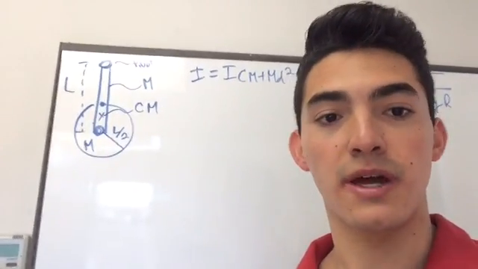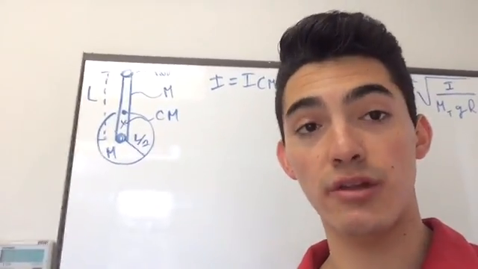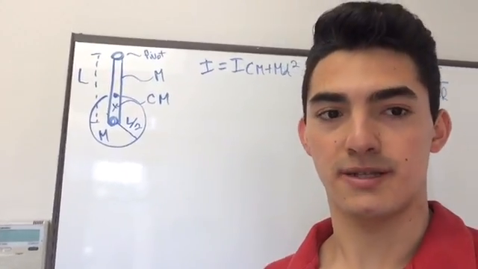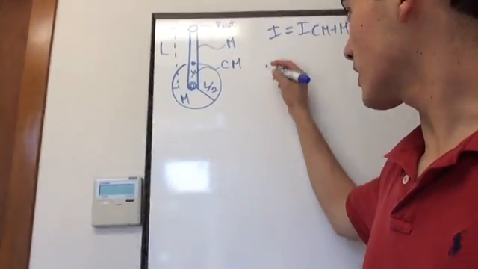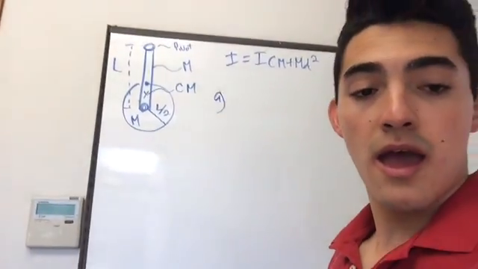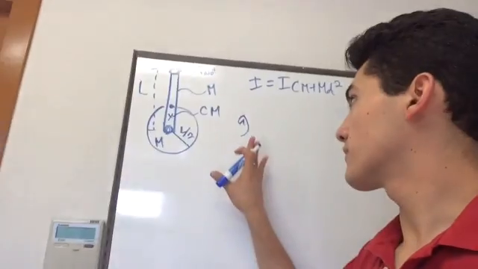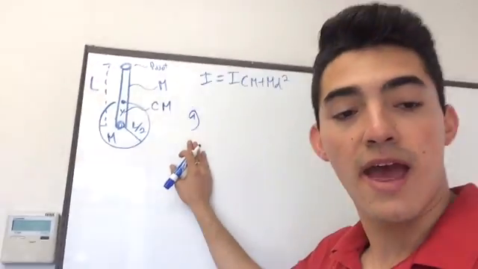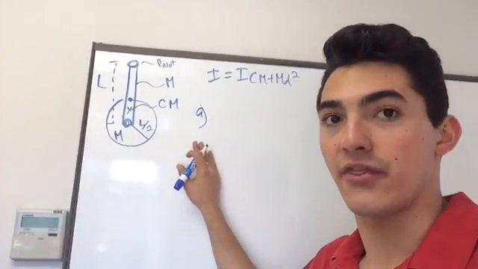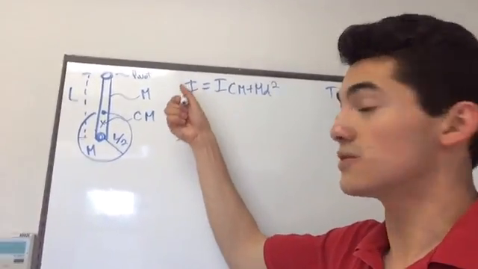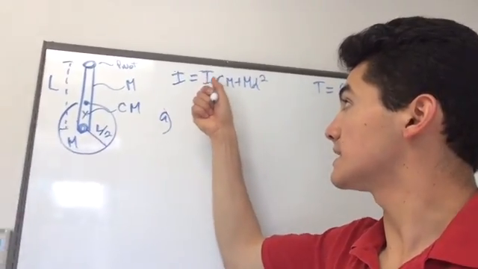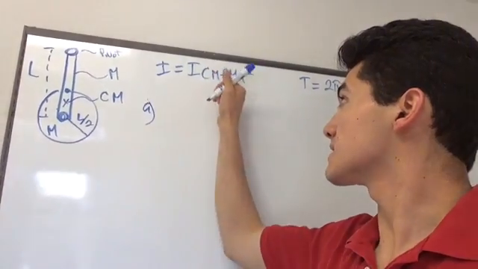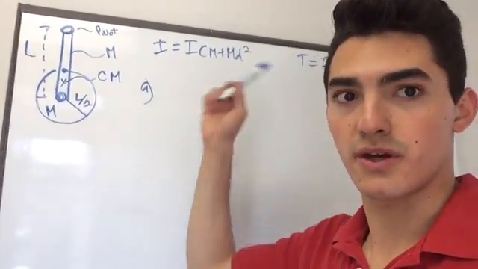First of all, we have to obtain the rotational inertia of the pendulum about its pivot point. So here I'm going to write A. To obtain the rotational inertia, we have to consider the parallel axis theorem, which says that the total inertia is equal to the inertia of the center of mass plus the mass times the distance squared.